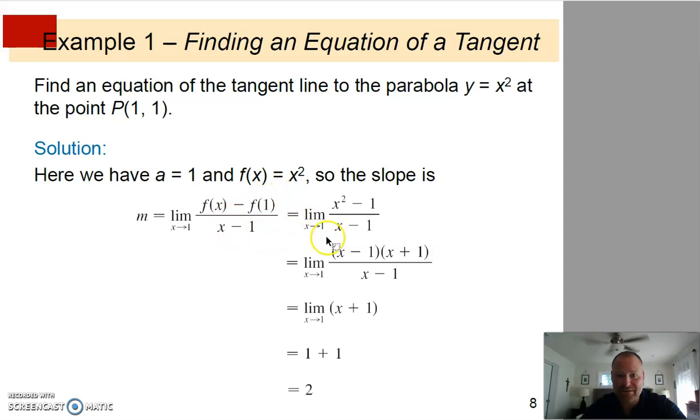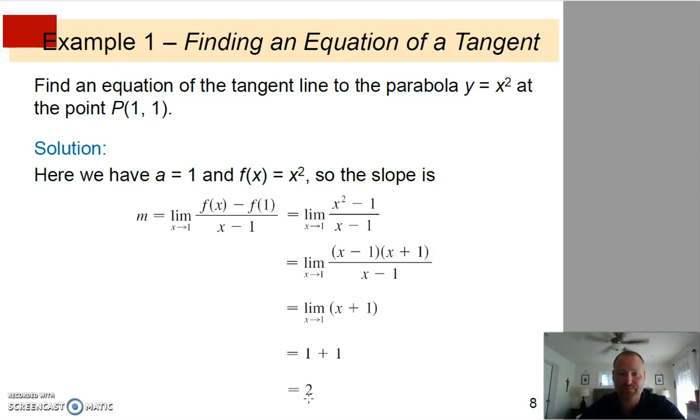And when we do that, we can simplify this. We know that this is really the difference of two squares, and so when we factor it out like this, we can divide the x minus 1 out, and all we get is x plus 1. And then once we plug in 1 for x, since x is in fact 1, we would get 2. So the slope of the tangent line at x equals 1 in the parabola y equals x squared would in fact be 2.